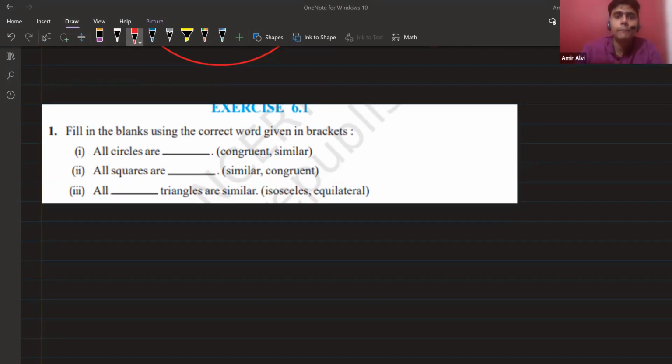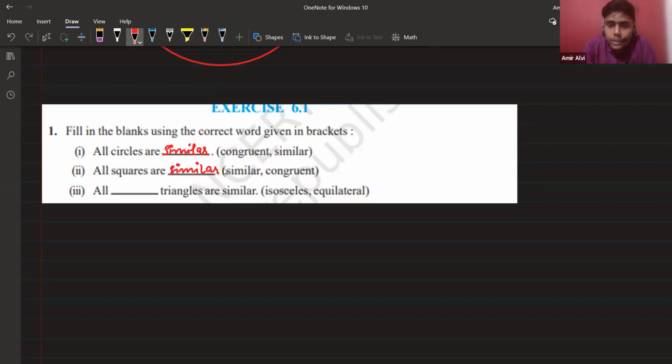The second one is also similar, and for the third one, isosceles. All isosceles triangles are similar. Okay. So the third one is a little bit tricky.